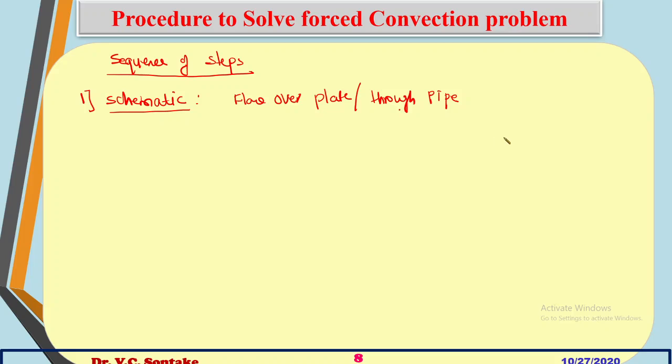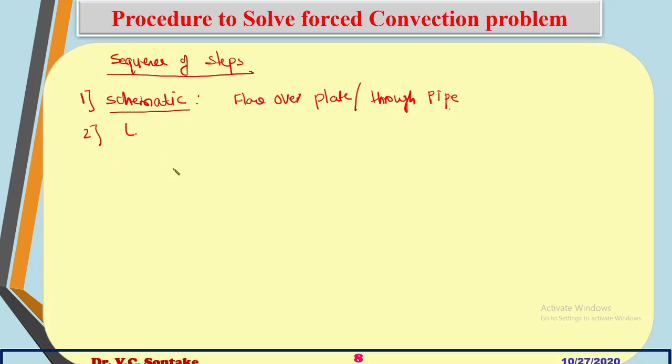If it is internal flow, draw the schematic of flow through a pipe, representing all the parameters involved like surface temperature Ts, fluid temperature T infinity, geometrical parameters like length, diameter. Okay. In case of pipe, fluid inlet and outlet temperature, and whether it is a constant heat flux condition or constant wall temperature boundary condition.